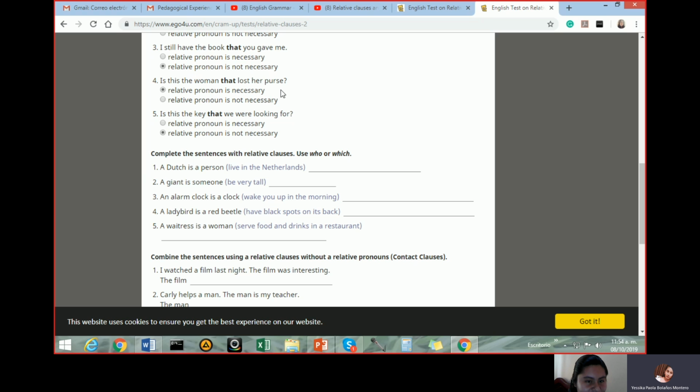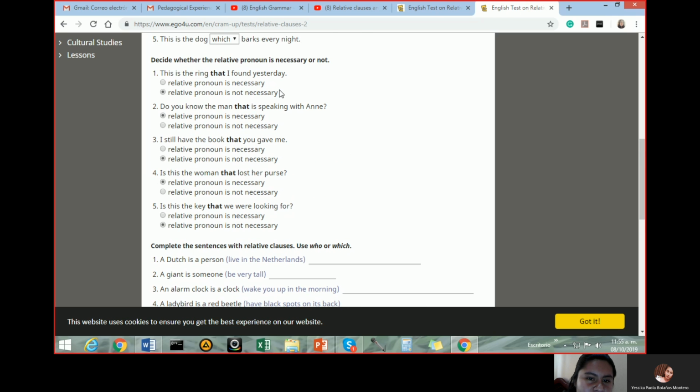Ya, teacher. Okay. Ahora sí, in number five, you say that it's not necessary. This is good, but why do you think that it's not necessary? It's not necessary because, looking for the subject and object, it's the same expression as in number one.